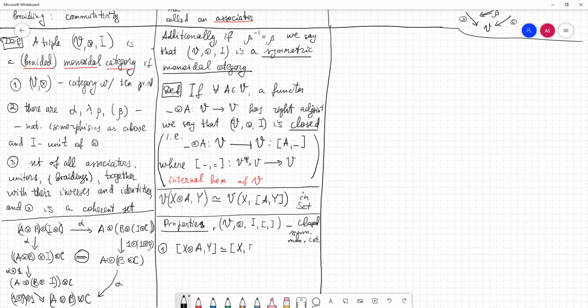So internal home acts really as a home. Second property, internal home from I to X is isomorphic to X. Third property, X tensor Y comma Z is isomorphic to X comma internal home YZ, isomorphic to Y comma internal home from X to Z.